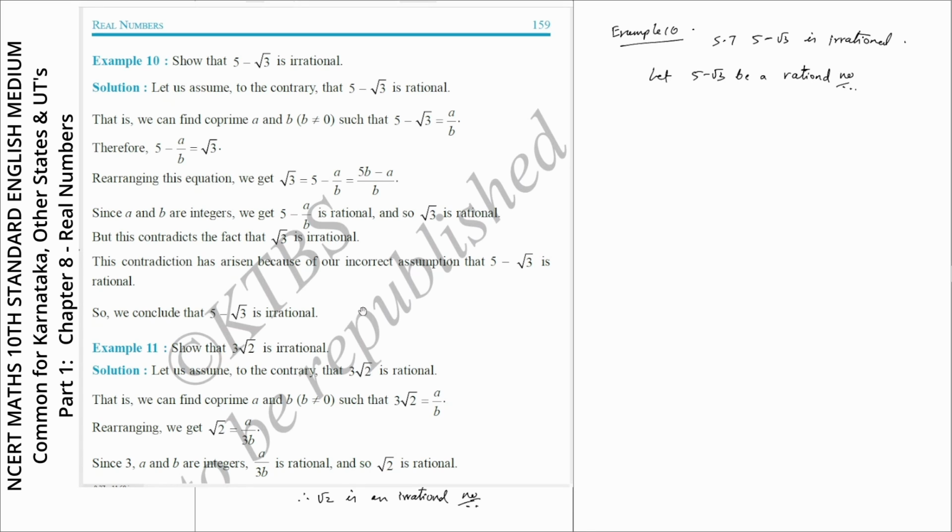So what are rational numbers? Rational numbers are in the form of p by q, where p and q both are integers and q is not equal to 0. Therefore 5 minus root 3 is equal to r by s. Now r and s will have some common factor which I will cancel, and I will get a by b. For example, as in the previous case, 8 by 4 is 2 into 2 into 2 by 2 into 2.